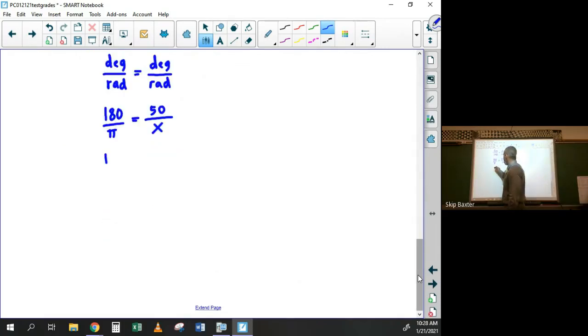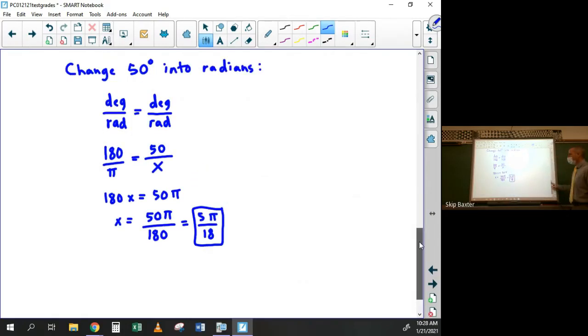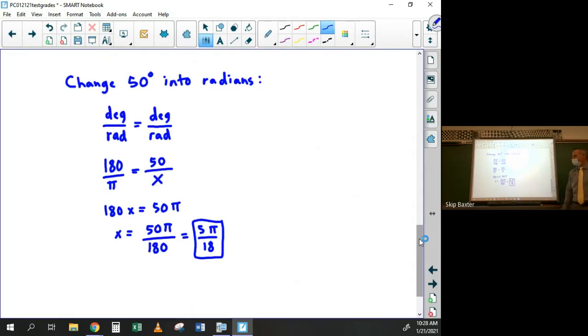So if I cross multiply, I get 180x equals 50 pi. So x is equal to 50 pi divided by 180, which I can simplify a little. I get 5 pi over 18. And that's the simplified number of radians in 50 degrees.